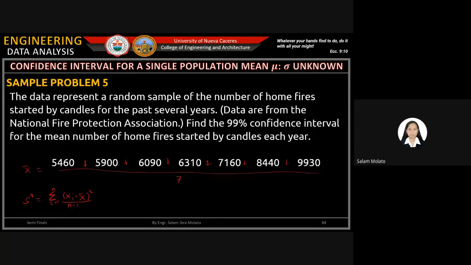To get S, the standard deviation, all you need to do is take the square root. So you can now compute for S. This is the long method, but you can also use your calculator.